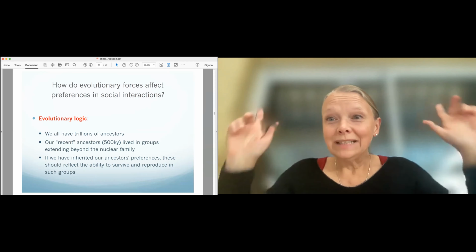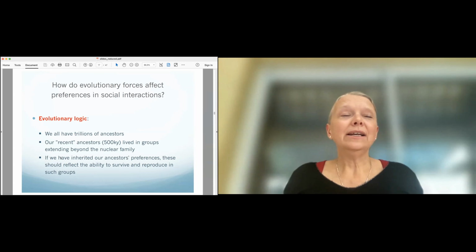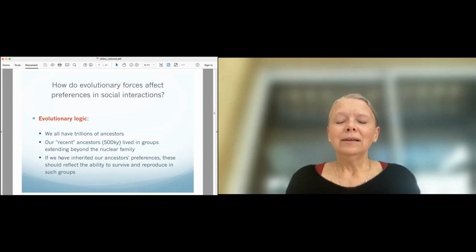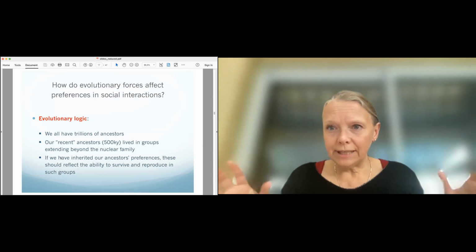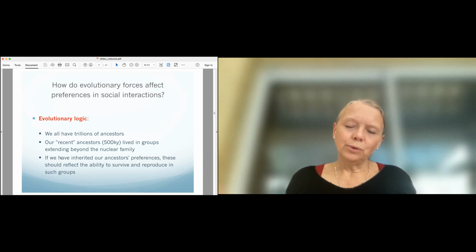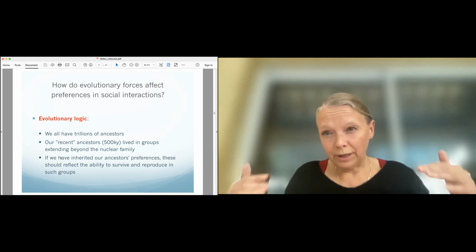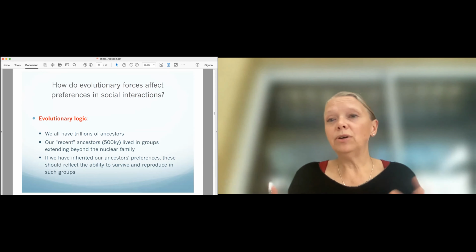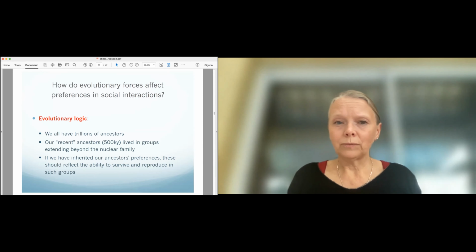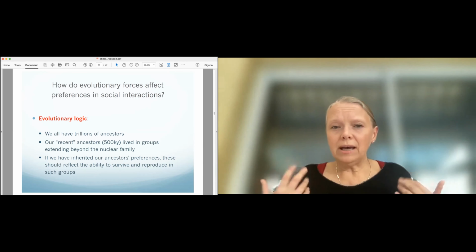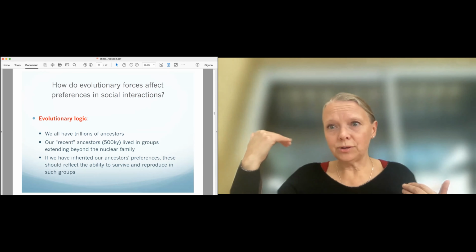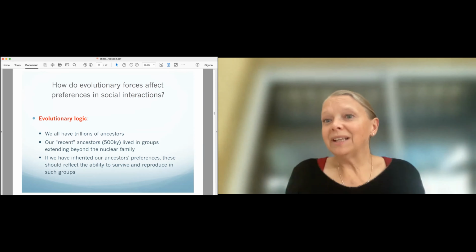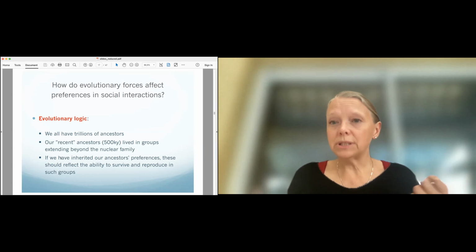And our recent ancestors, let's say for the past 500,000 years approximately, we know from fossil evidence that those ancestors, even prior to Homo sapiens, lived in groups extending beyond the nuclear family. So if we have inherited our ancestors' preferences, these preferences should reflect our ability to survive and reproduce in such groups.